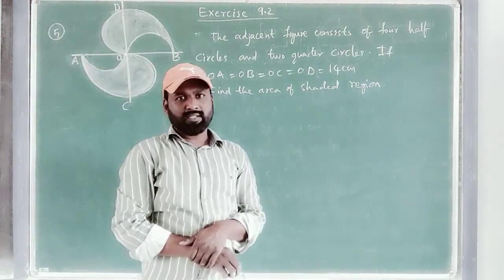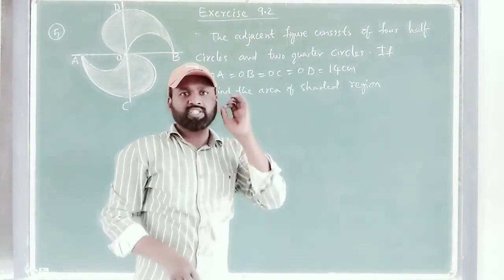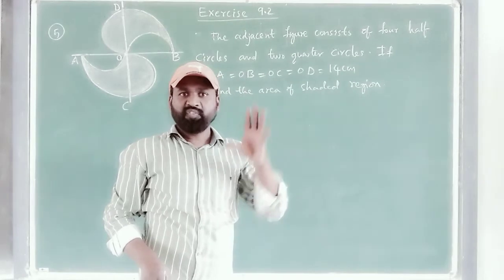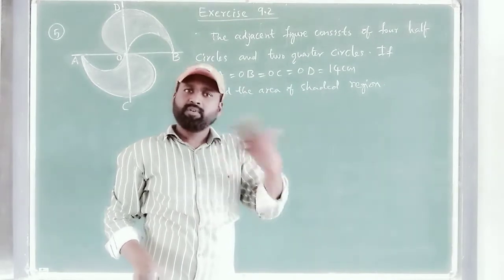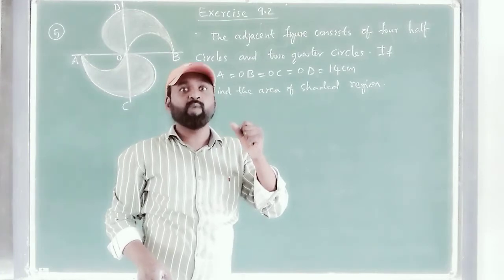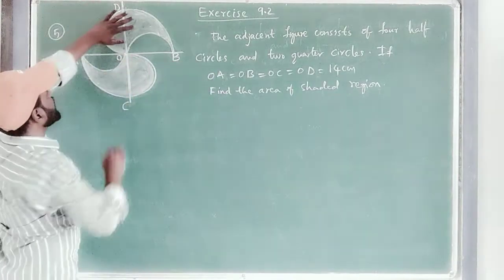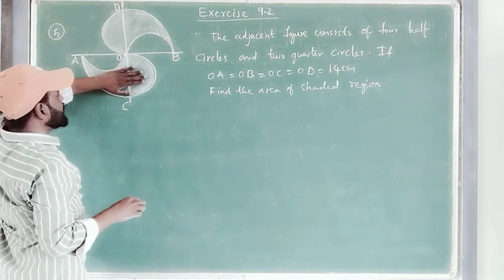Forget about half circles, quarter circles, the number of quarter circles and number of half circles. Just focus on the figure. If you observe the figure carefully, you can imagine how much portion the shaded region consists of. Just see the shaded portion. Here this part is shaded, this part is shaded.